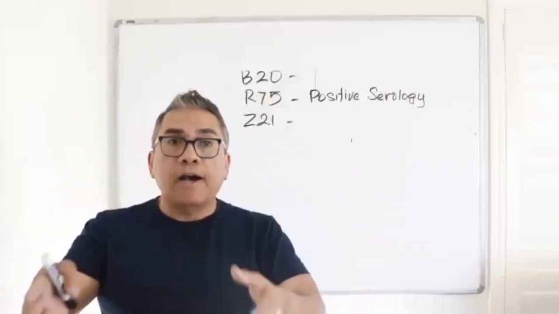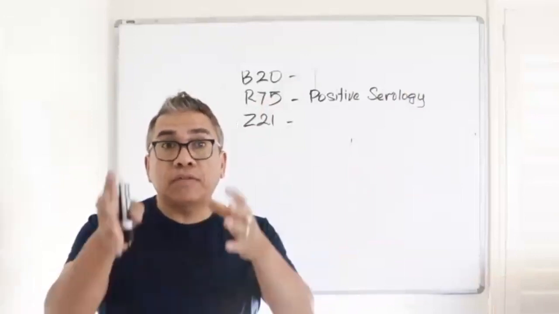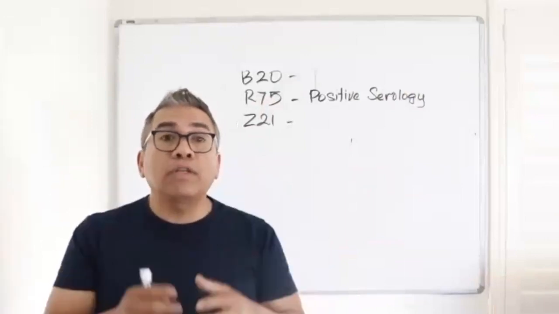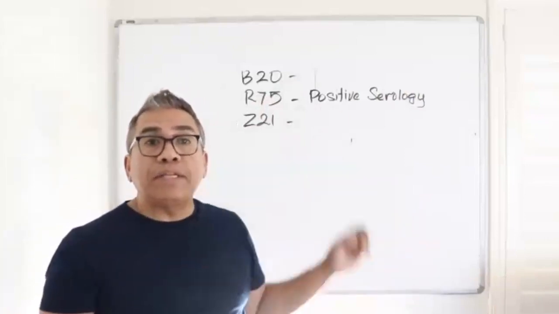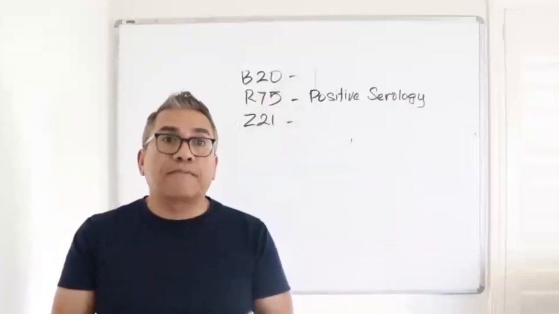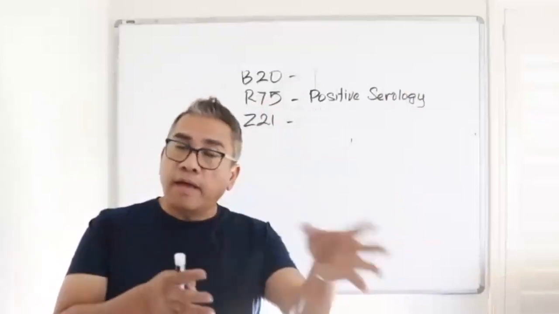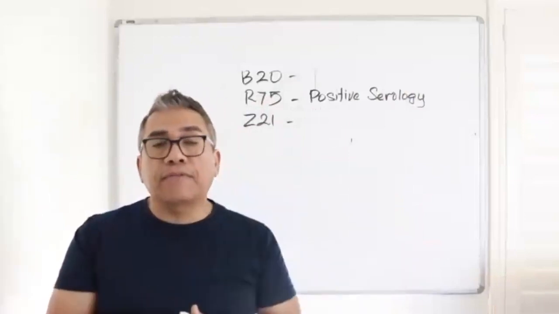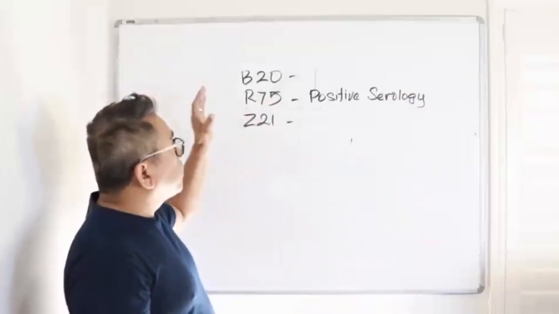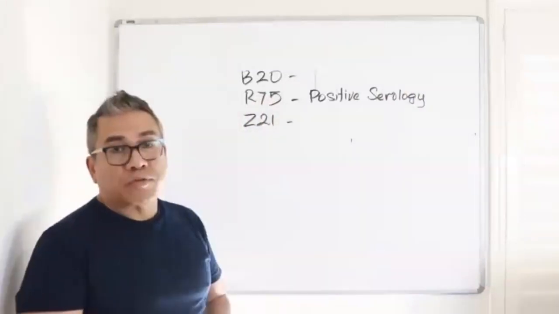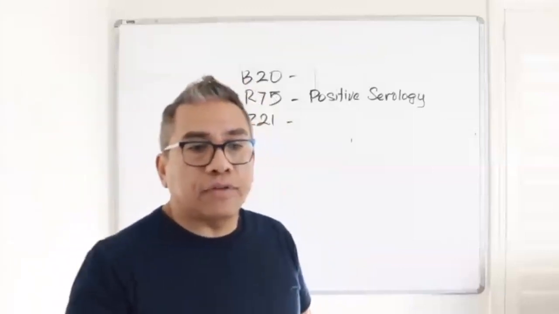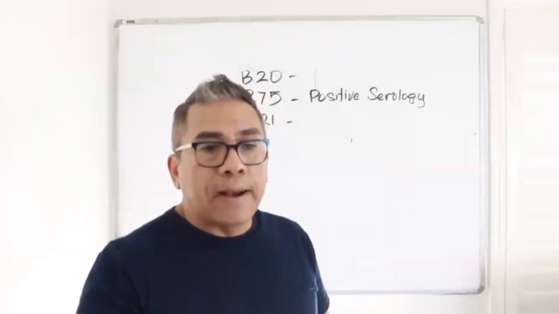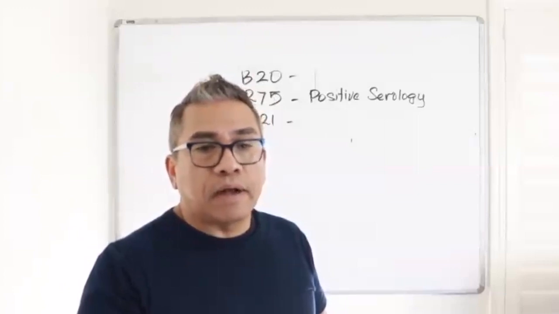Because in the outpatient setting, remember, code only confirmed cases. You cannot assign the Z21 or B20 if it's not confirmed. I hope you remember that from our previous discussion. So that's what the coder will have to do if the patient tested positive for HIV.